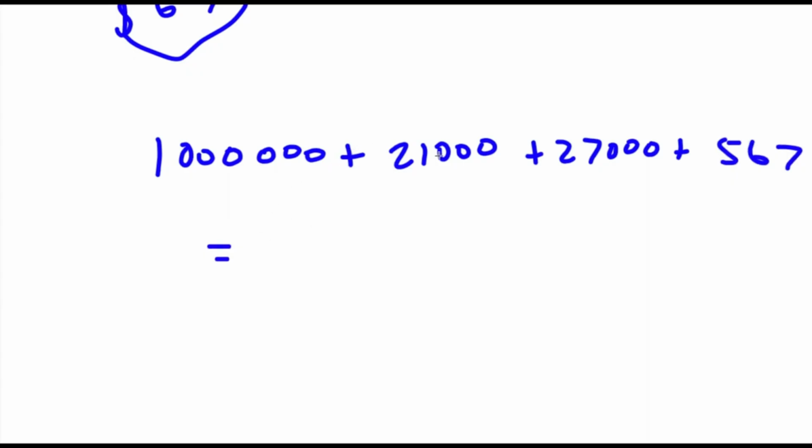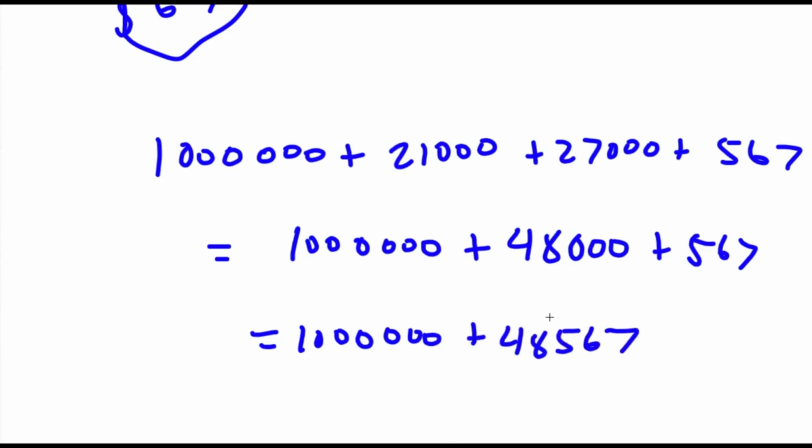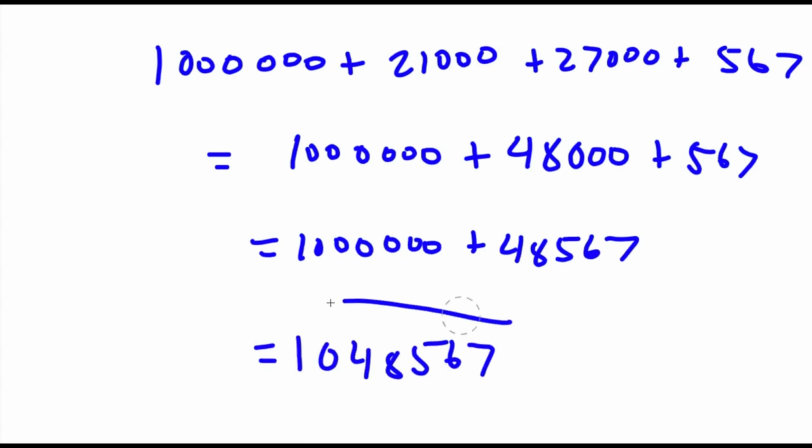Now 21,000 plus 27,000, that is going to be 48,000 plus 567. 48,000 plus 567 is going to be 48,567. And finally, 1 million plus 48,567 is going to be 1,048,567. So this is our answer.